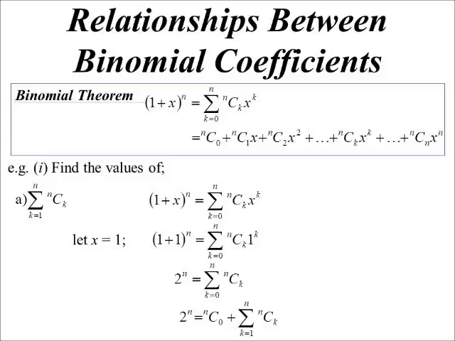The term where k equals 0 would be nC0, which by definition is always 1. So subtract that from both sides, and I've got my answer: the sum from k equals 1 to n of nCk will always be 2 to the power of n minus 1.